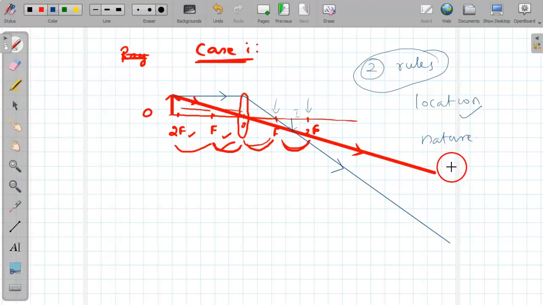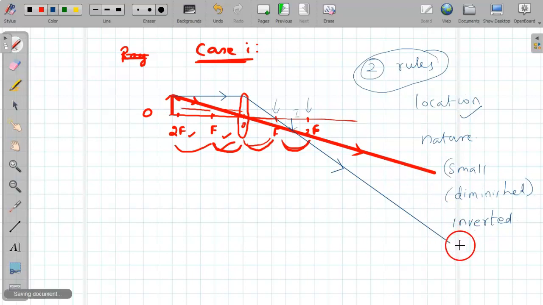The image is smaller, it is called diminished. Diminished means smaller than the object. The size is smaller than the object. And if you observe it clearly, you can see it is inverted image. It's not upright. It is inverted image, upside down, inverted image, right?